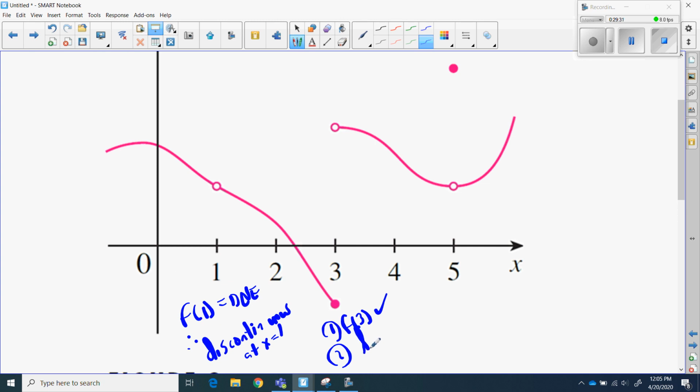The limit of this function as x approaches 3 from the left is not equal to the limit of this function as x approaches 3 from the right side. Therefore, discontinuous at that spot.